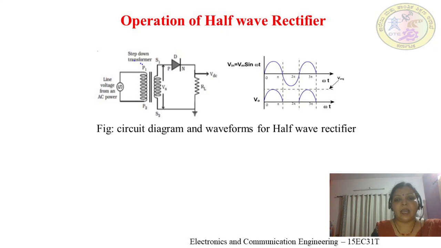As the circuit is conducting only for the positive half cycle and blocking the negative half cycle, we can conclude that a half wave rectifier conducts only for one half of the cycle of an AC input while blocking the other half. We are converting only half cycle of AC input to DC voltage. Hence it is called a half wave rectifier.